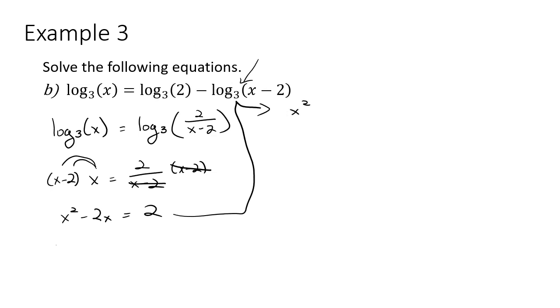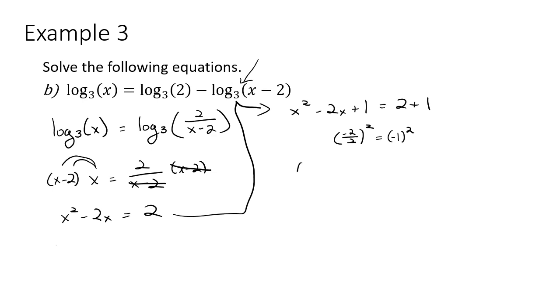So in this case, what I want to do is take b, the coefficient of x, divided by 2, cut it in half, and square it. So that would be a negative 1 squared, or a positive 1. So I add that to both sides of the equation.